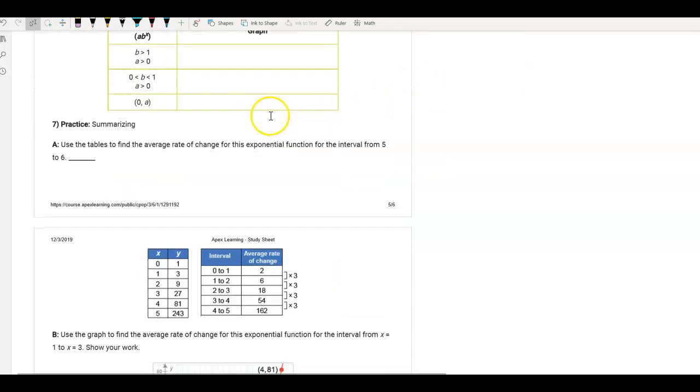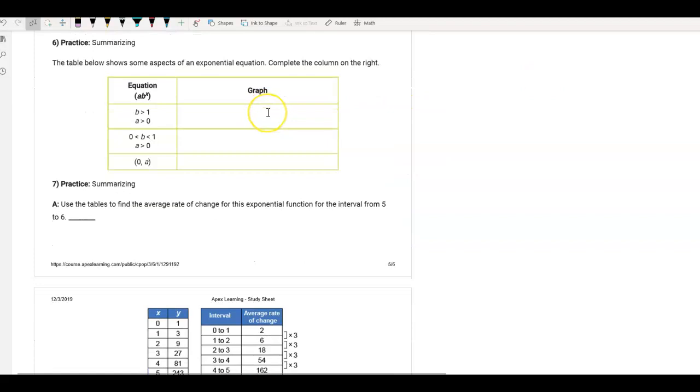All right. So next one, exponential equations, right? What you have to understand is what these look like is y equals a times b to the x. All right. Now, if b is greater than 1 and a is greater than 0, your graph increases.